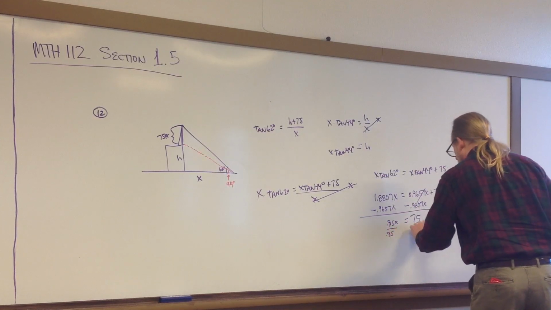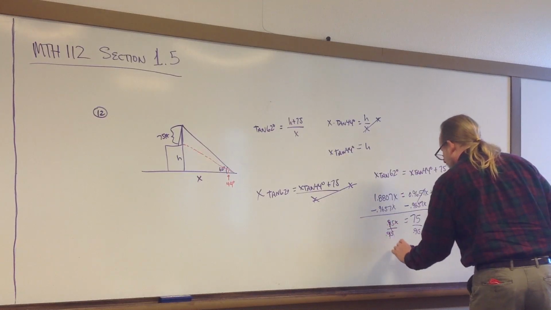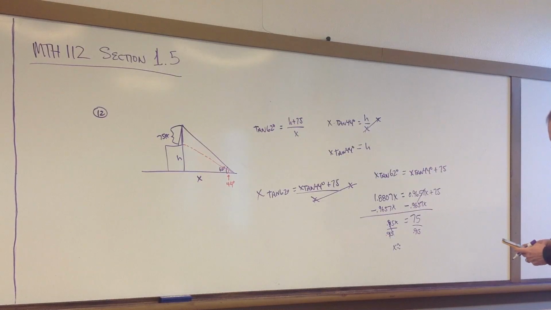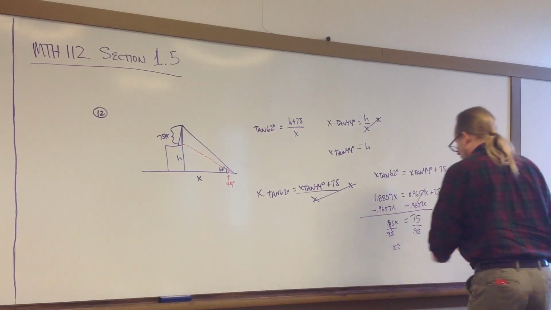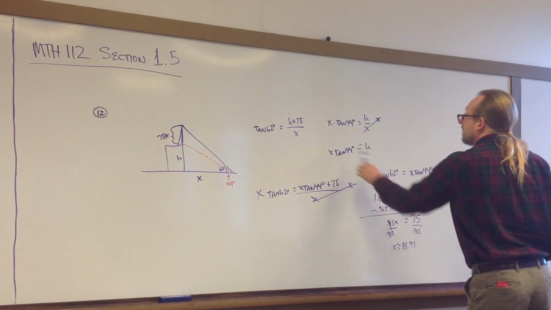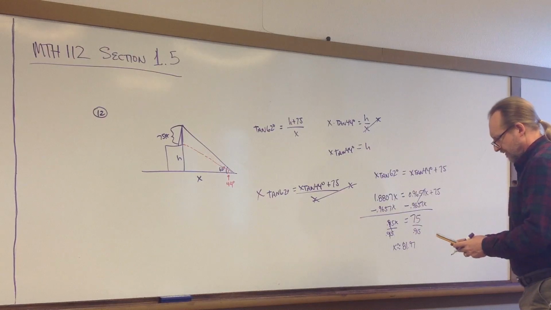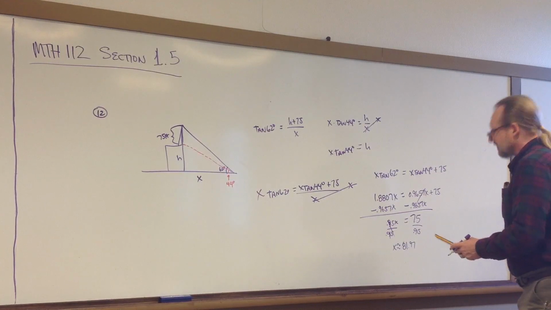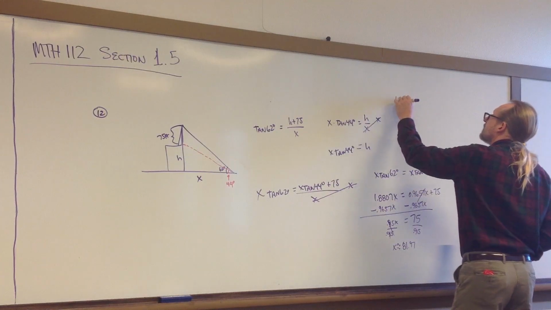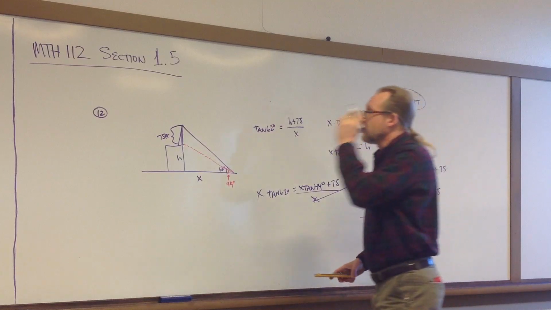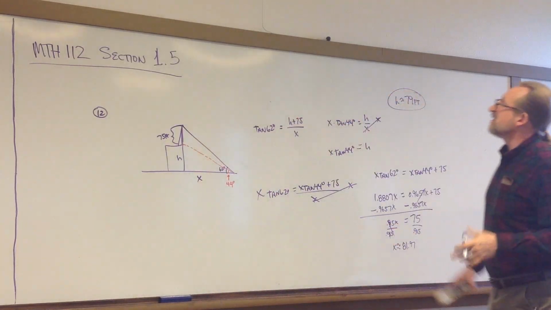Divide on both sides by 0.915. So 75 divided by 0.915, 81.97 approximately. And then we're going to take that and multiply it times the tangent of 44 degrees. About 79 feet. So h is going to be about 79 feet. A little bit taller than the TV tower itself.